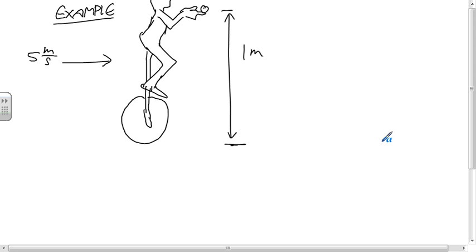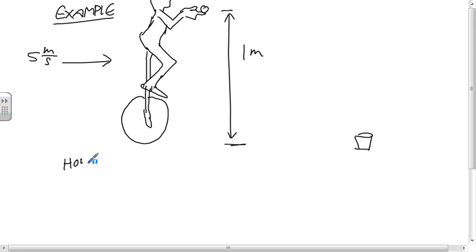And the idea is he's going to let go of that ball, try to choose the right time to let go of it, so that it lands in a cup on the floor. Okay.